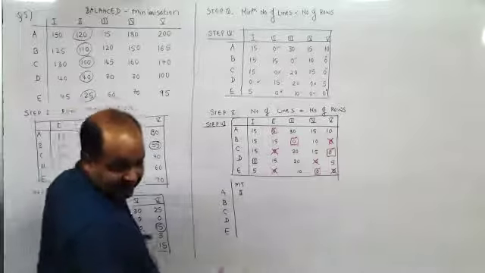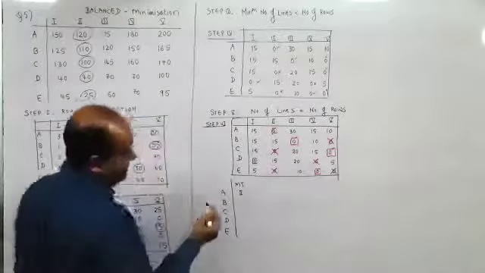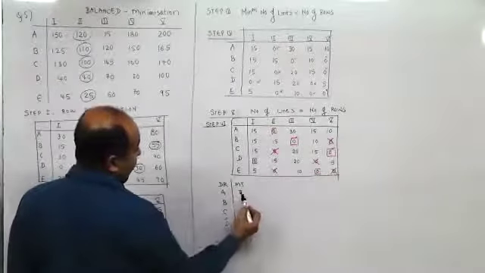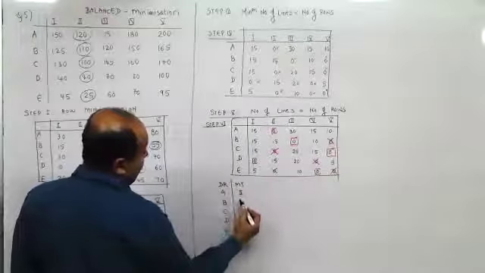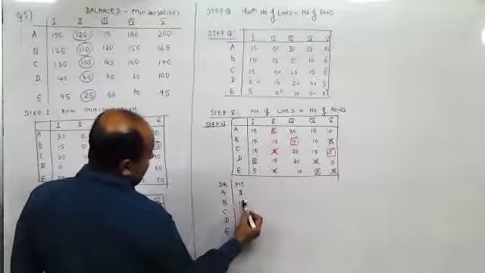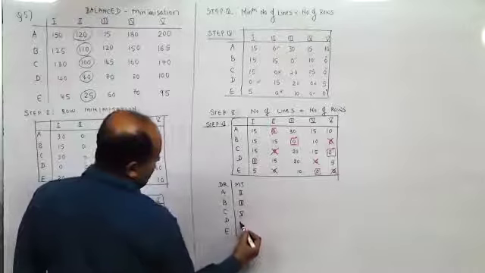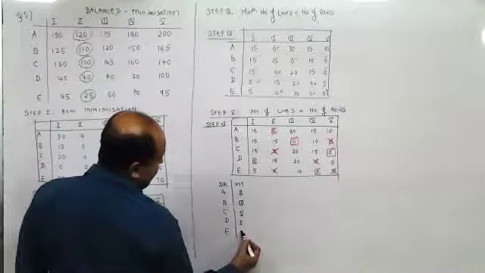This is dairy plant and these are delivery routes. So here 2, 3, 5, 1 and 4.